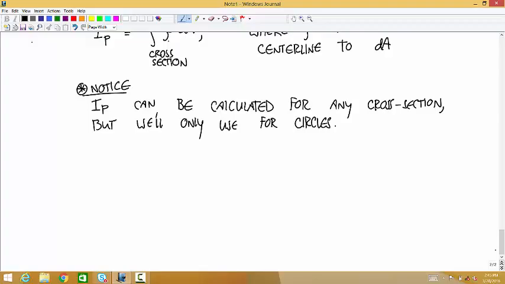So let's derive the formula for I sub p of a circular cross-section.